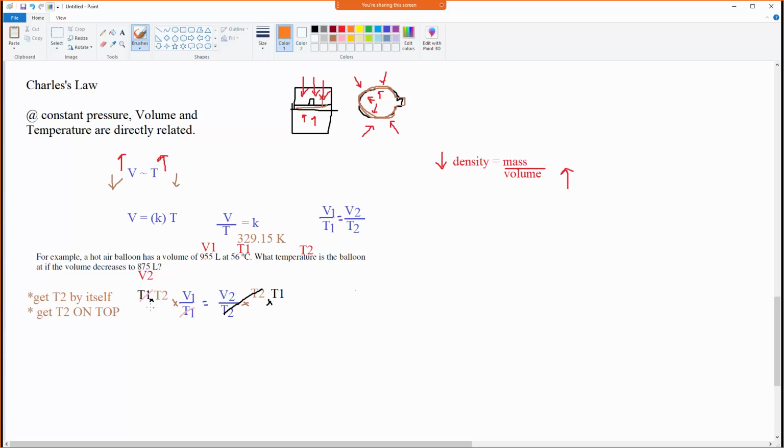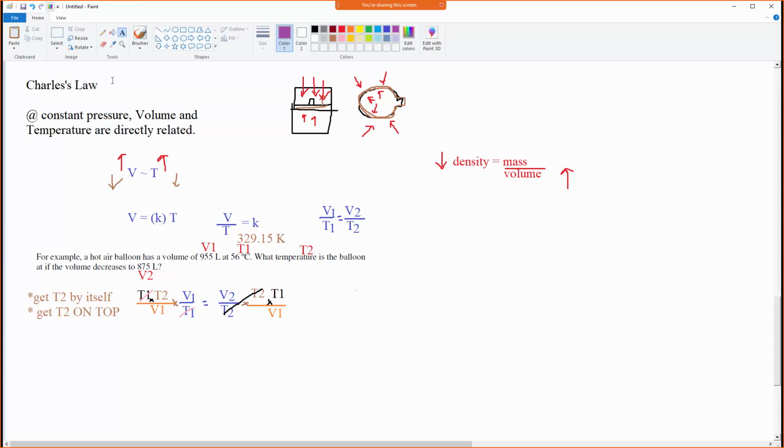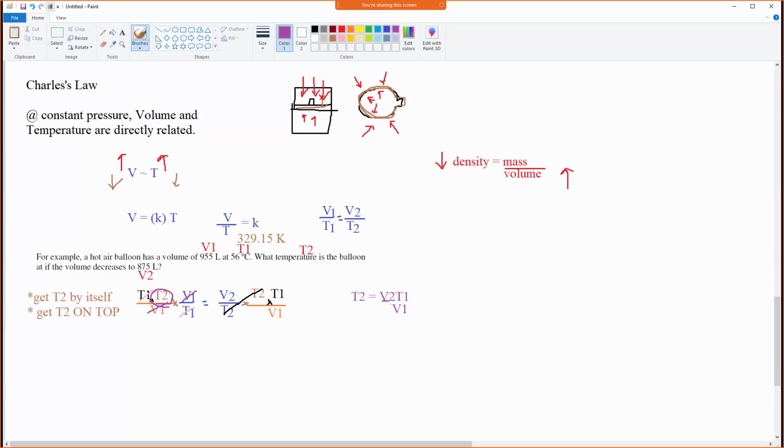I'm doing all these in a different color so you can see the order. And then my V1s will cancel. So I get T2 all by itself, and it's on top. So let me simplify that. T2 is equal to V2 T1 divided by V1. That's one way of doing it, going through the process stepwise.